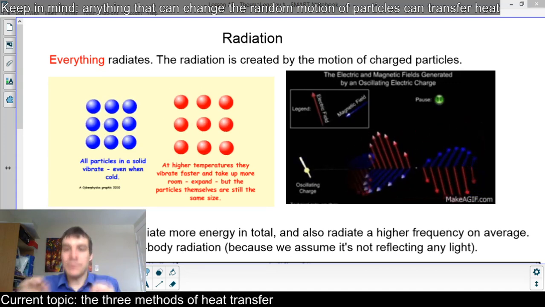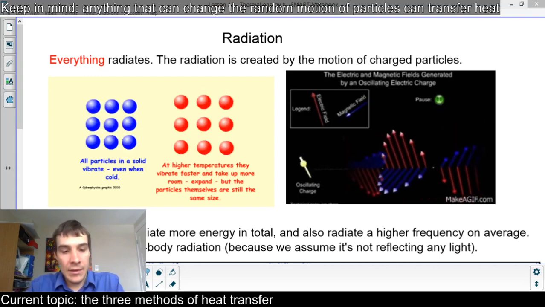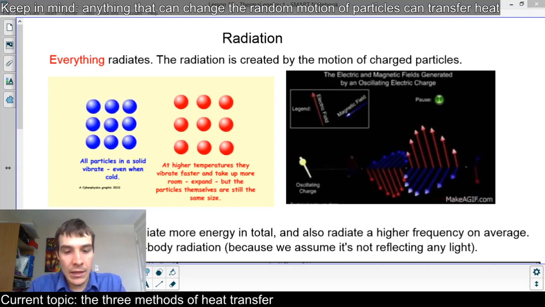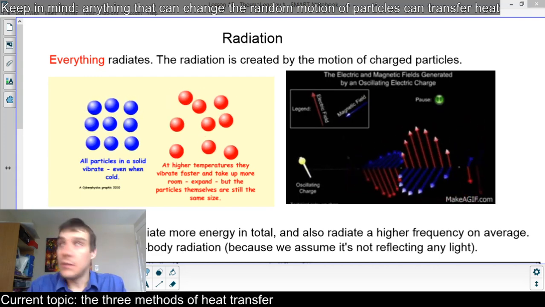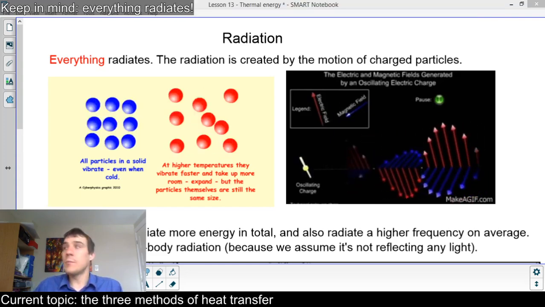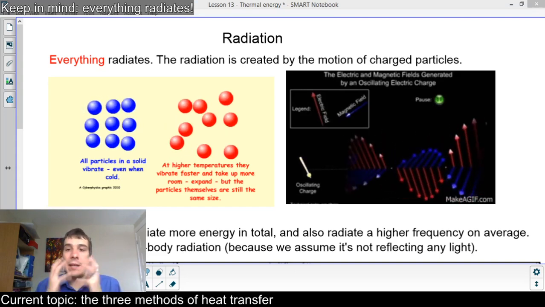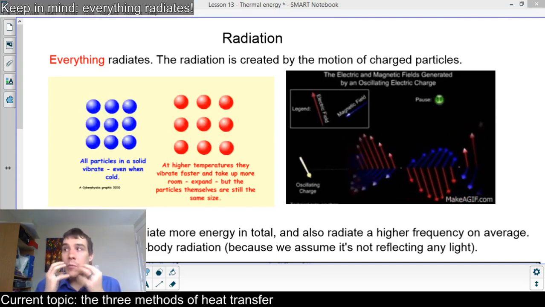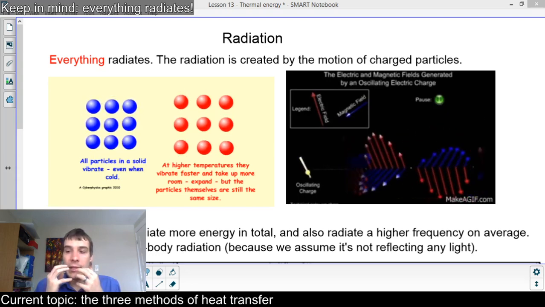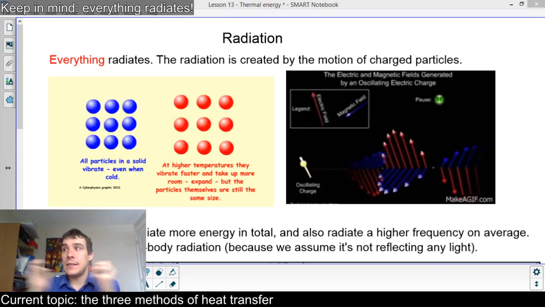Literally everything radiates. Everything. And the warmer you are, the more you radiate. So right now I am radiating more thermal energy than the rest of this room because I am warmer.